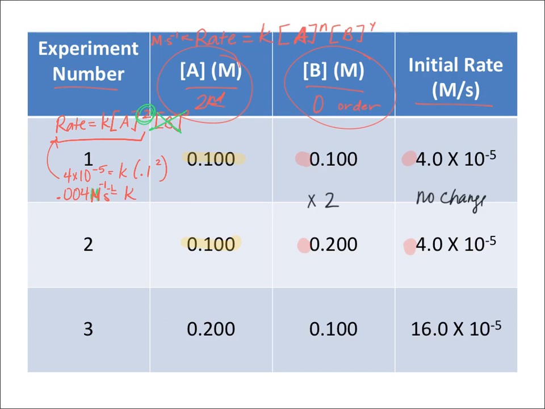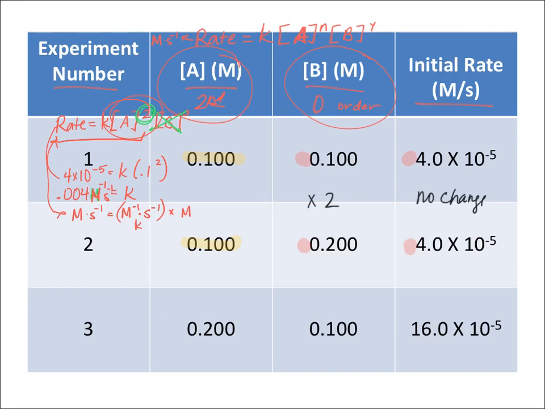The reason why this would work is based off the unit for rate and the math that we did for the rate law. So the unit for rate is molarity times seconds to the negative first power, the change in concentration per unit of time. So if our unit for k is molarity to the negative first times second to the negative first, so that's our unit for k that we just wrote down, and then we multiplied that by the concentration of A squared. The concentration of A is in molarity.